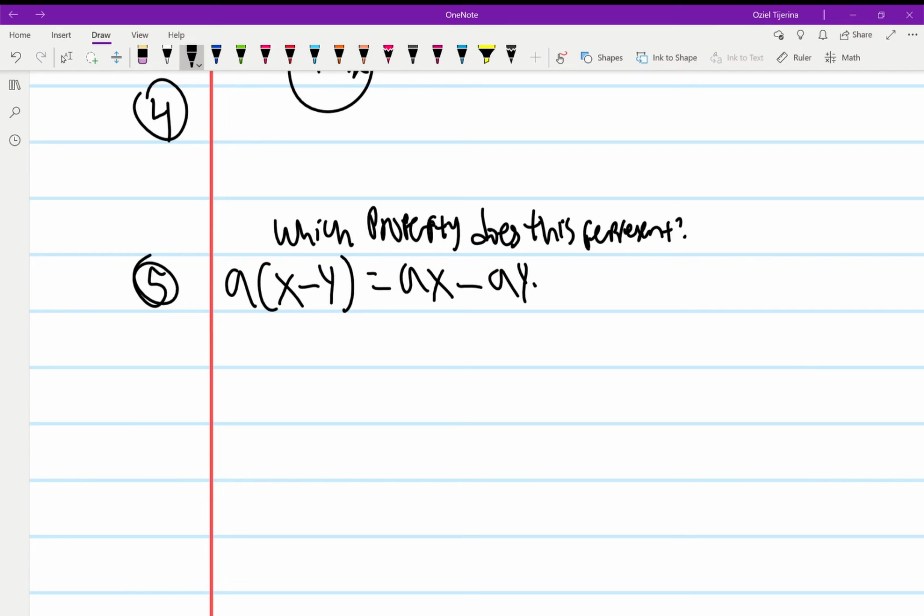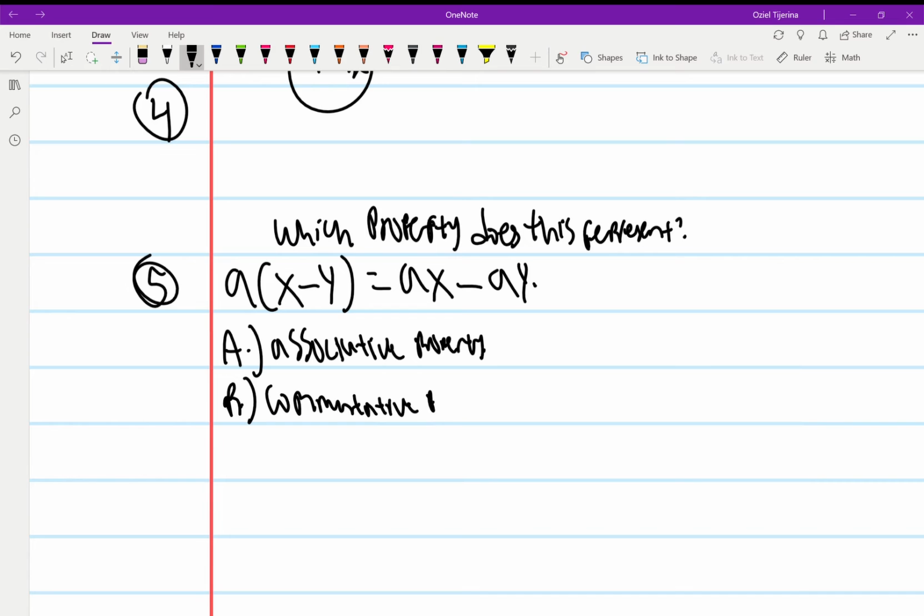Remember when we said you had the associative property, and then you also had the commutative property, and then you also have the distributive property.